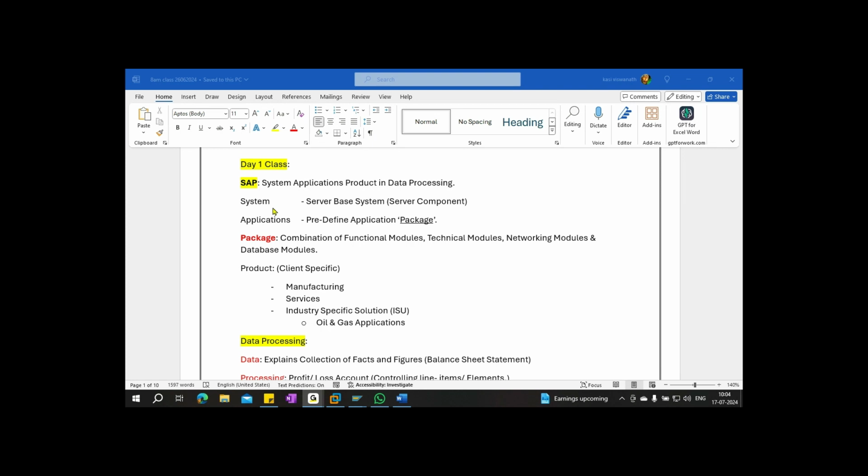So, let me understand what is the nature of system. Basically, SAP is a server component. What nature of system? Server based system. Heading system means server component.